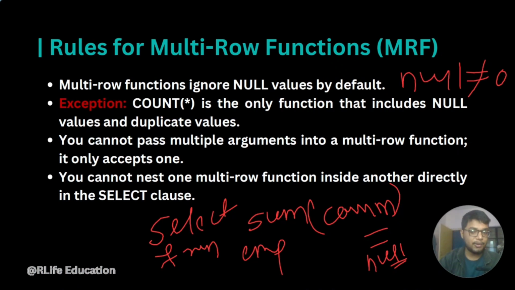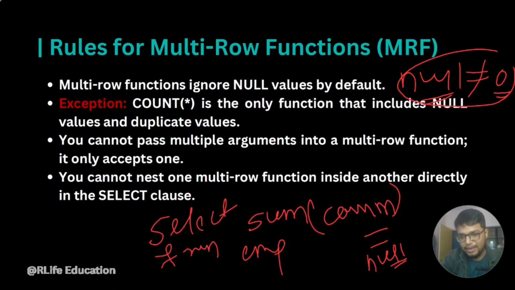We already discussed this in our last video, when we were discussing the IS NULL and IS NOT NULL operators. If you remember, 0 and null are two different things. 0 we know is 0, but null is nothing. It is not 0.